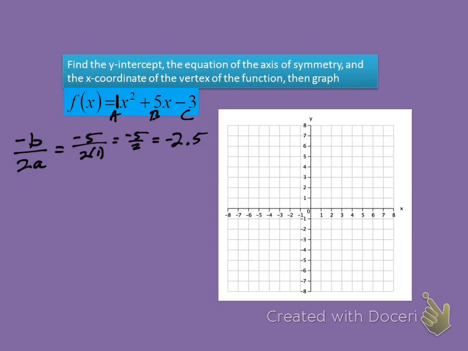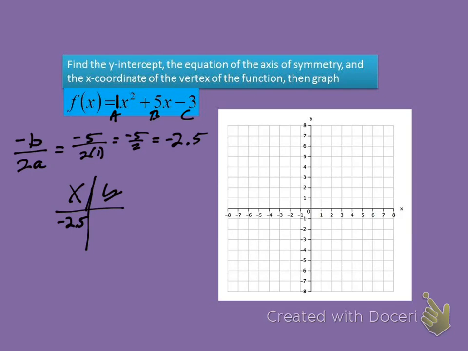The reason I want these as decimals is because figuring out where negative 2.5 is on the graph is way easier than negative 5 halves. So this is where you have my permission to use decimals. But it's still your vertex, right? So negative 2.5.